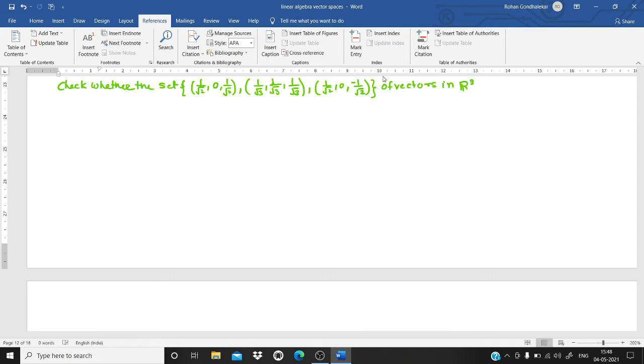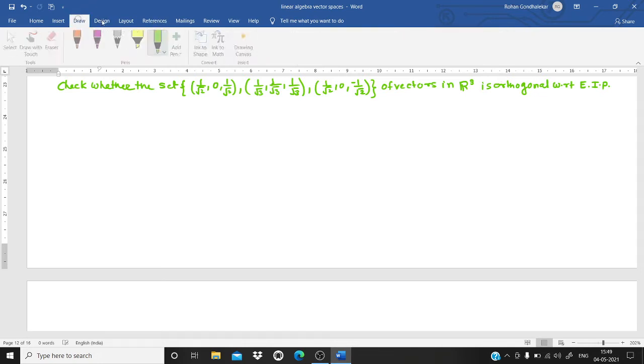Check whether the set of vectors in R3 is orthogonal with respect to the Euclidean inner product.